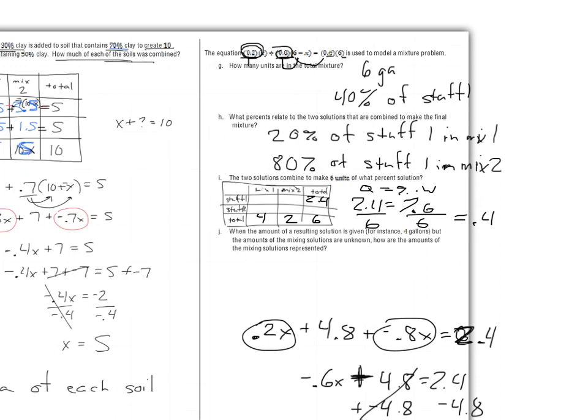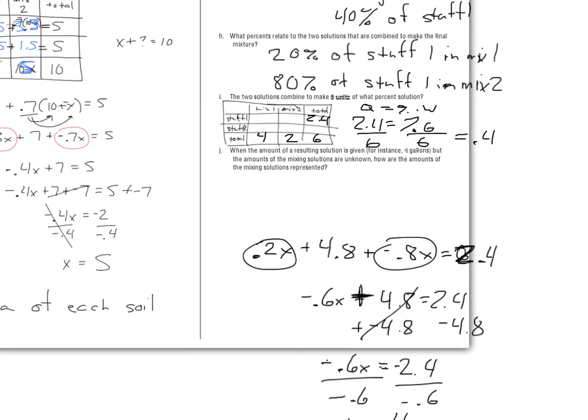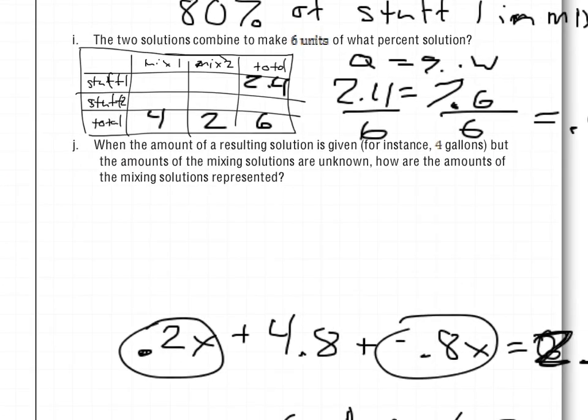When the amount of resulting solution is given, for instance, 4 gallons, but the amounts of mixture solutions are unknown, how are the mixing solutions represented? So when we see this, how are the amounts? It's going to be x and total minus x.